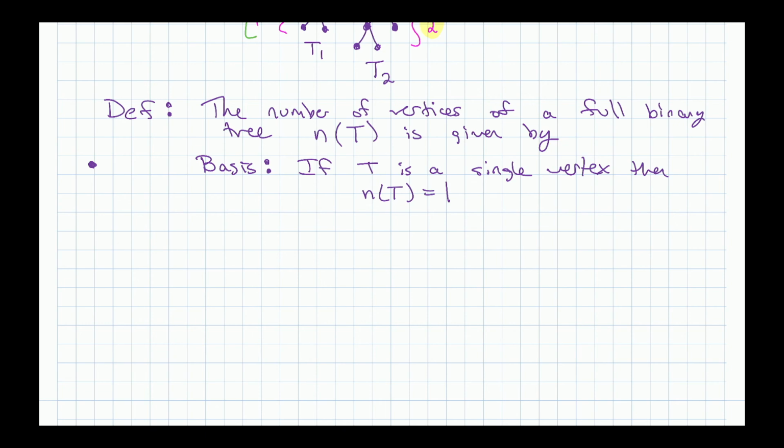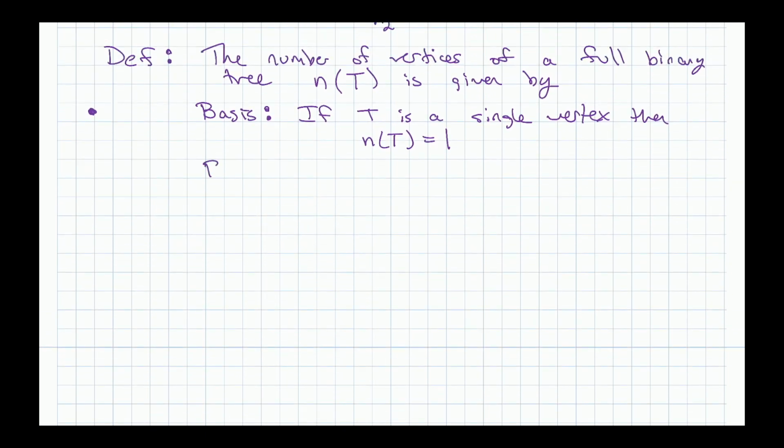All right. Now for your recursive step, it's going to be almost exactly like the definition for height, right? Because, think of it this way. So suppose you had this. You had 3 vertices here, and then you've got another one over here, another full binary tree. And so there's 3 vertices there, and there's 1, 2, 3, 4, 5 here.